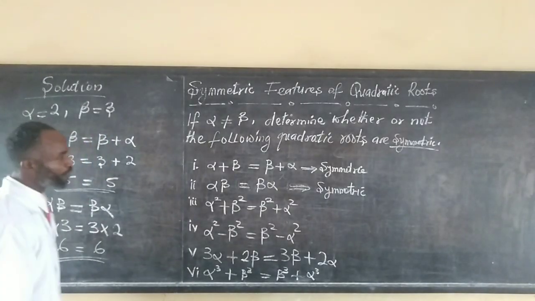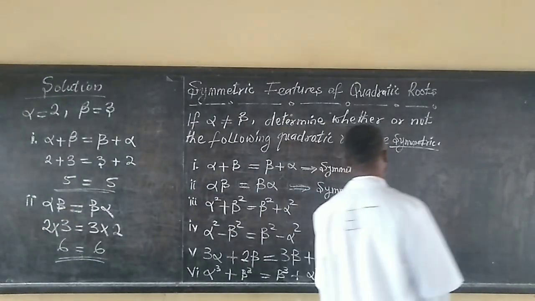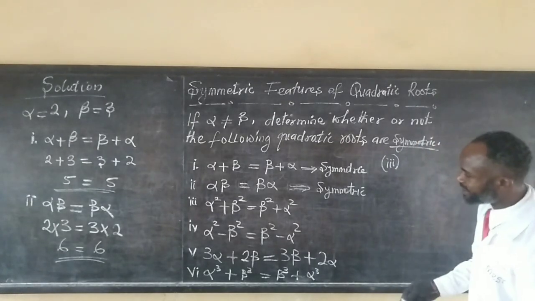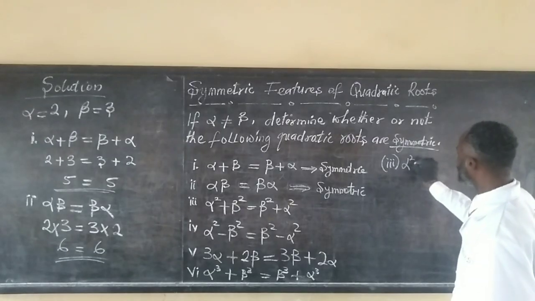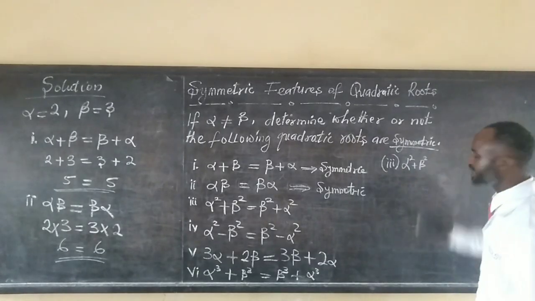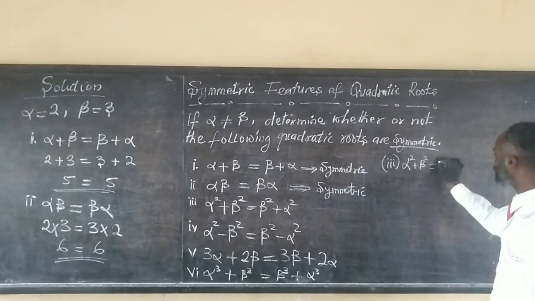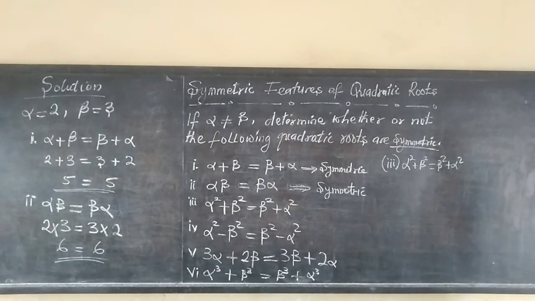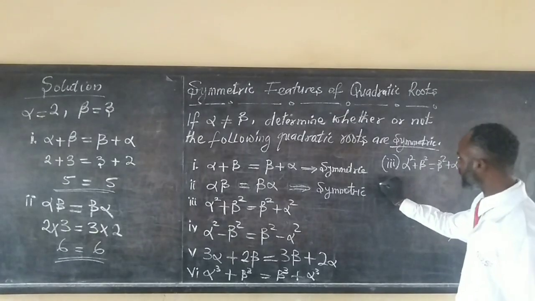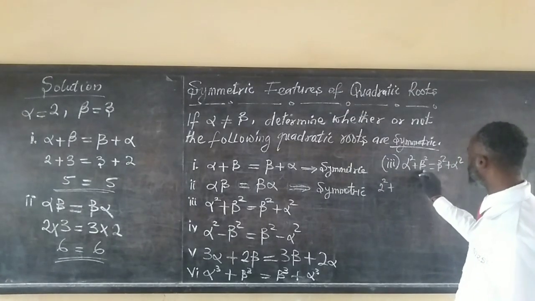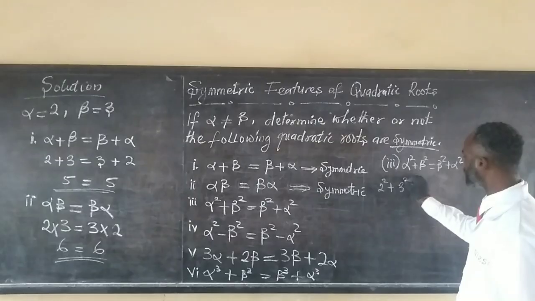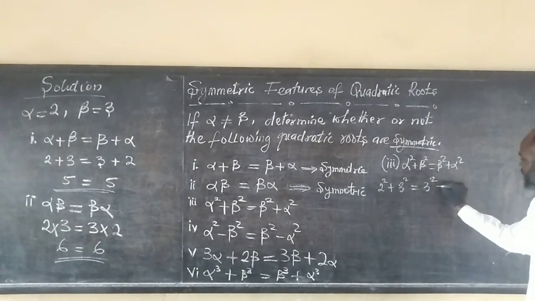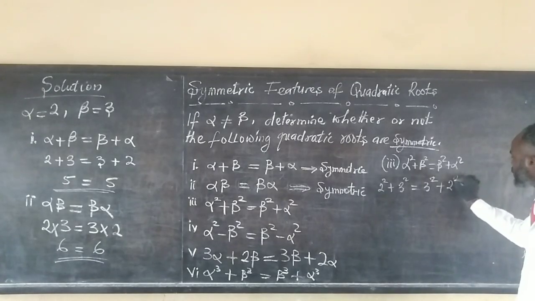Alright, we have question number 3 or feature number 3. Let's confirm whether feature number 3 is symmetric or not. Quadratic feature number 3 has alpha squared plus beta squared equal to beta squared plus alpha squared. For alpha we have 2 squared, for beta we have 3 squared, for beta again 3 squared, and for alpha 2 squared.